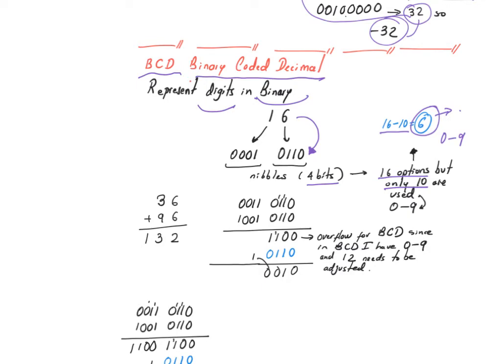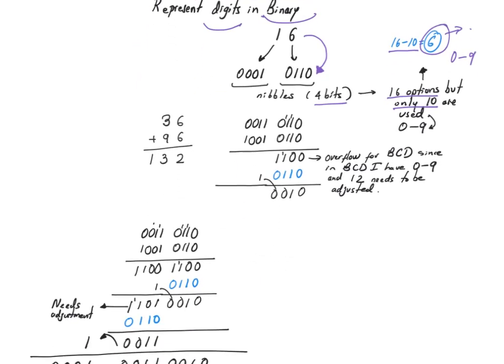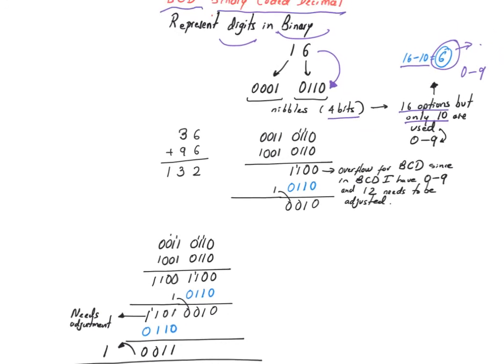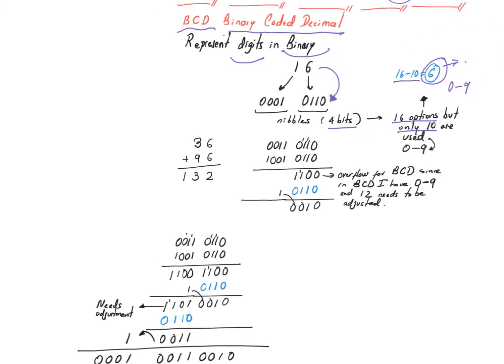So the way to correct the problem when you're adding those two numbers in that representation is to add that difference, to add that 6. So let's try and do this operation. We have a 36, which is 3 and 6. We provide the BCD representation of that, which is to take one nibble and represent each number.